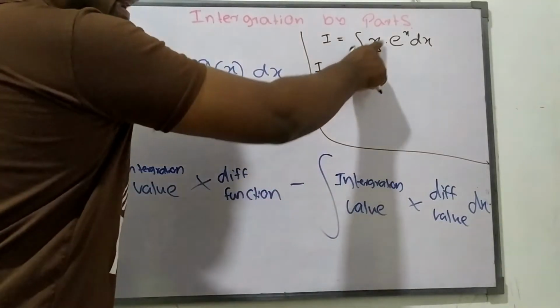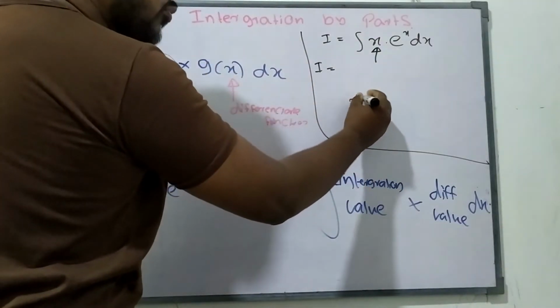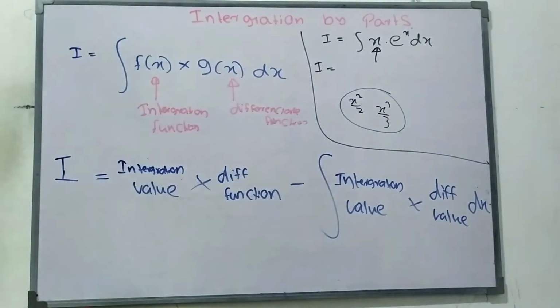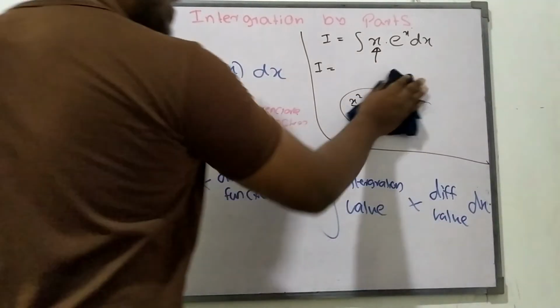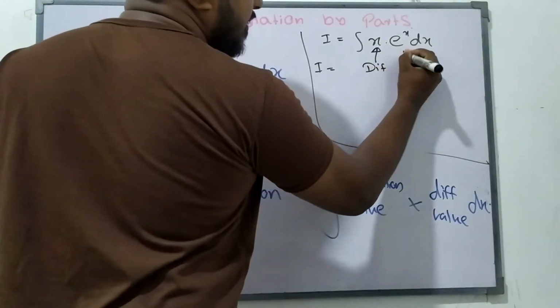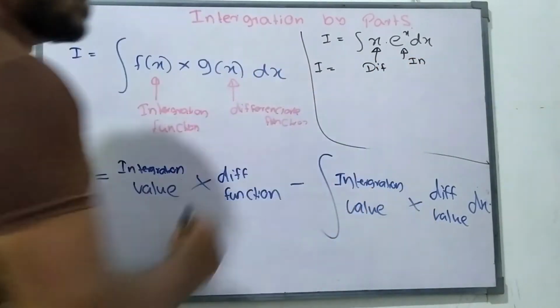If you integrate x, it will be x squared over 2, and again x cubed over 3. Likewise it's getting more power, so it's not suitable. That is why I'm selecting x as the differentiation function and eˣ as the integration function.